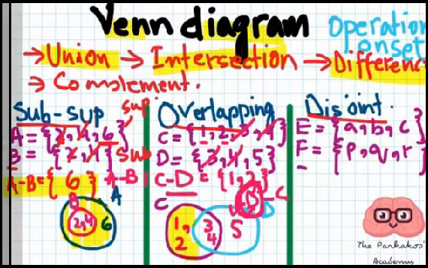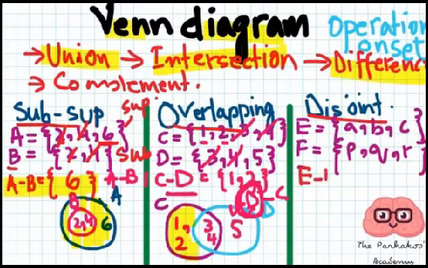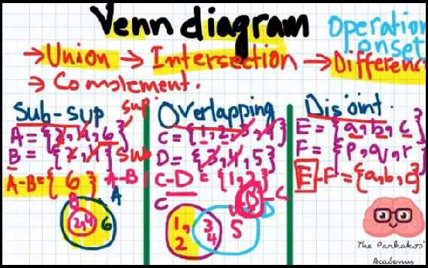Now in this case we have E minus F. That means we are just interested in what is in E. So since there is nothing common, we are not going to omit anything. Since E is first, we are going to have the set only belonging to the elements in E. Okay, so let's draw the Venn diagram.